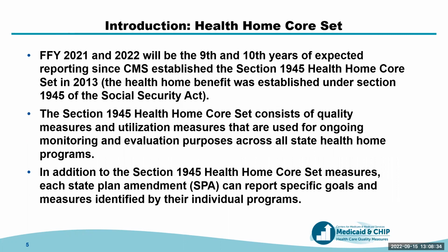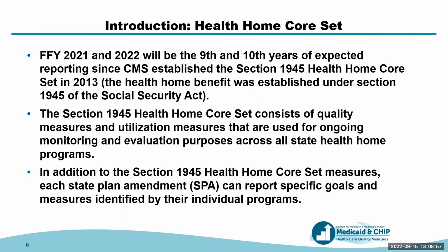Now I'm going to provide some background information on the health home core set. FFYs 2021 and 2022 will be the 9th and 10th years of expected reporting since CMS established the Section 1945 health home core set in 2013. The health home benefit itself was established under Section 1945 of the Social Security Act.